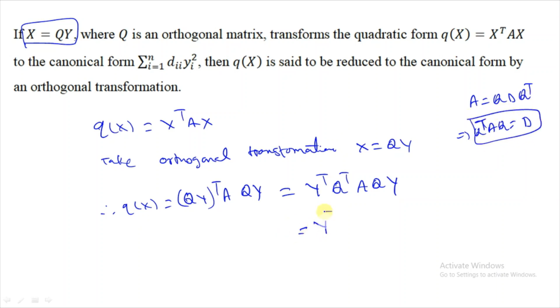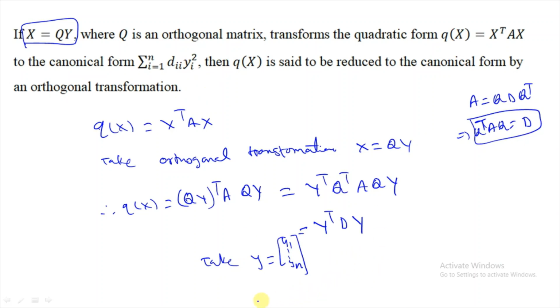That means y transpose D y. Now y is y1 up to yn, suppose we take n variables.